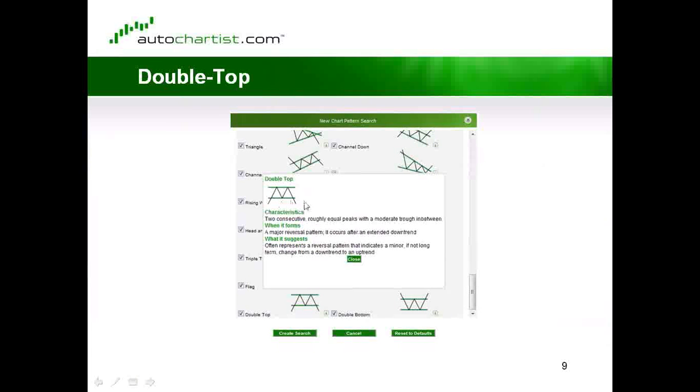A double top is, again, very close to the rectangle in that you have two tops inside here with a point in the middle which represents the change in trend point. And in a double top formation, you do have pretty close to parallel lines. If they're exact tops, then you're going to have a very straight horizontal line. Sometimes the second top will be a little bit shorter than the first one, and sometimes it may be a little bit higher.